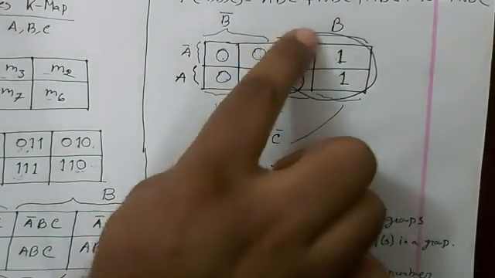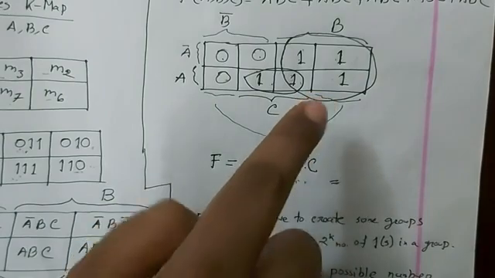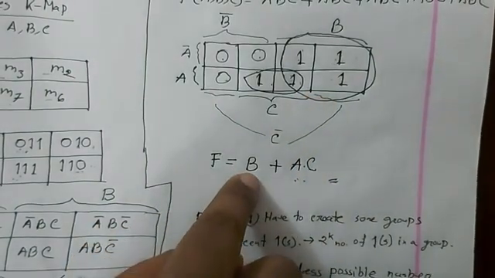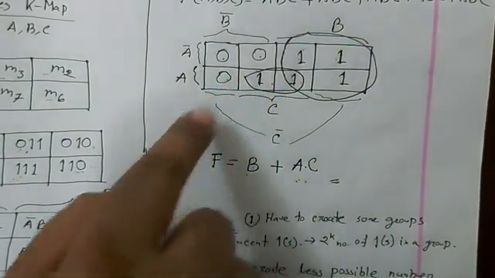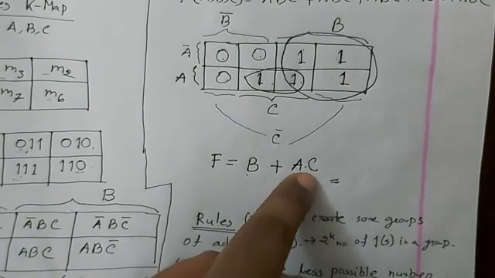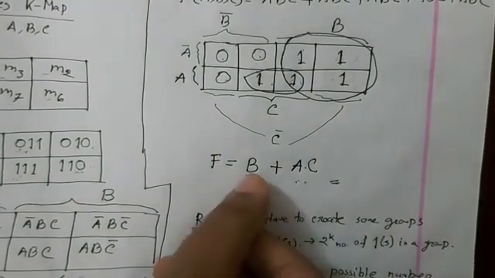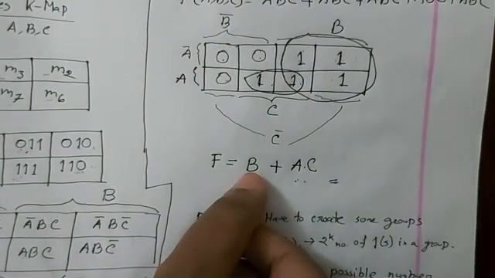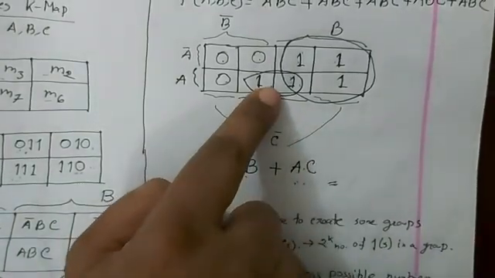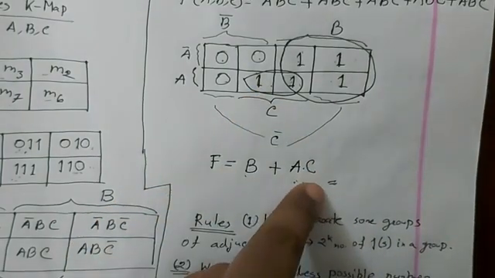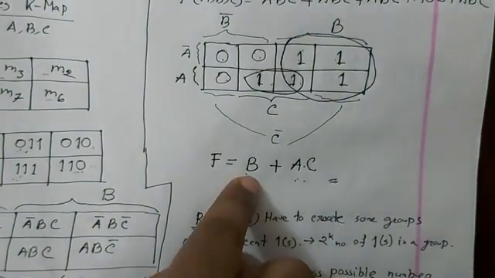See, this bigger group contained 4 ones, and from this group we got only one letter. This small group had 2 ones, so from here we got 2 letters. That means the bigger the group is, the fewer letters you get. If you take 2 ones for a group, you get 2 letters, but if you take 4 ones as a group, you get only 1 letter.